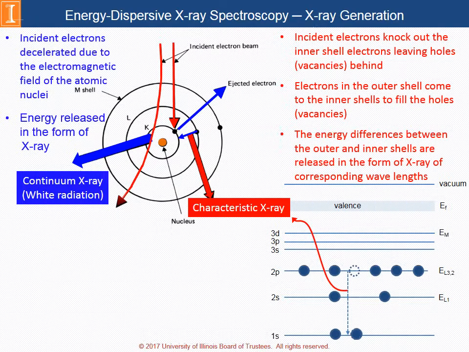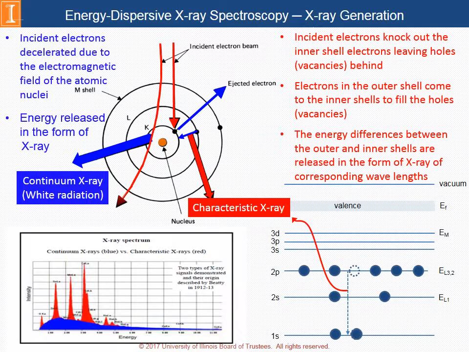So again, the energy difference between the inner shell and outer shell needs to be released. One way to release this energy is to generate characteristic X-ray. The other way is to generate Auger electrons, which we are not going to cover in this seminar.